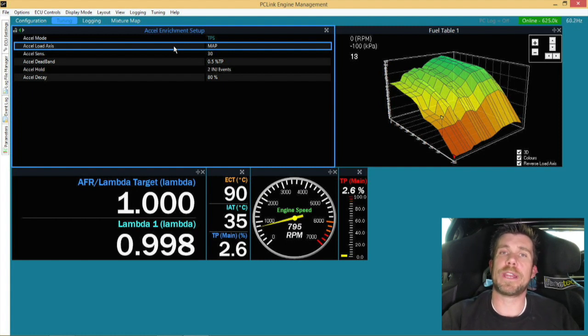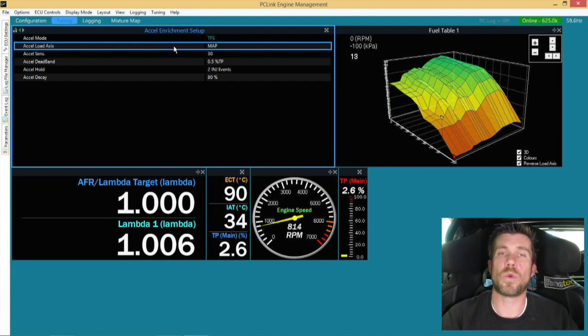Another thing though, if we're at completely closed throttle like we are here idling, and we stab the throttle to wide open throttle, we're getting a large change in our manifold pressure. We're going all the way from perhaps 30 kPa, 35 kPa at idle, all the way to wide open throttle, which would be 100 kPa. So we're getting around about a 65, 70 kPa swing in manifold pressure. So we need a lot of acceleration enrichment.